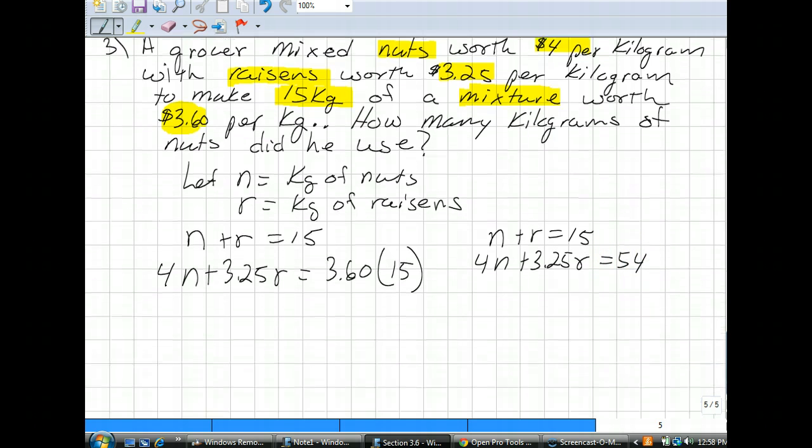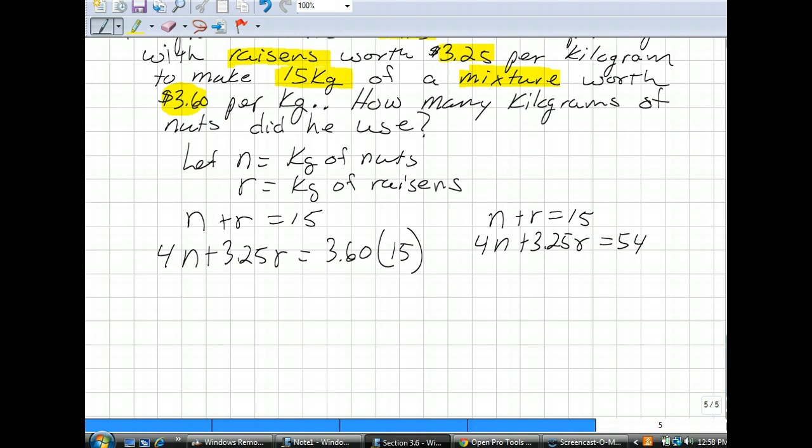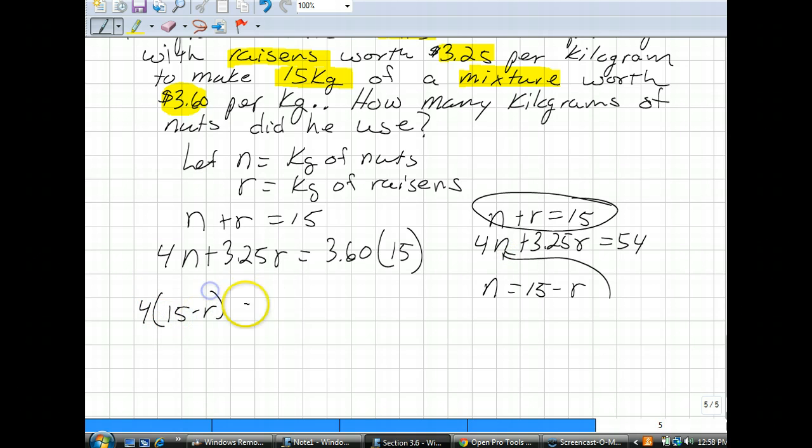Now this is an excellent system for substitution. So I'm going to take this one and solve it for N. So that's going to give me N is equal to 15 minus R. And now I'm going to substitute here. So I have 4 times (15 minus R) plus 3.25R equals 54. Distribute. So this is going to be 60 minus 4R plus 3.25R equals 54.